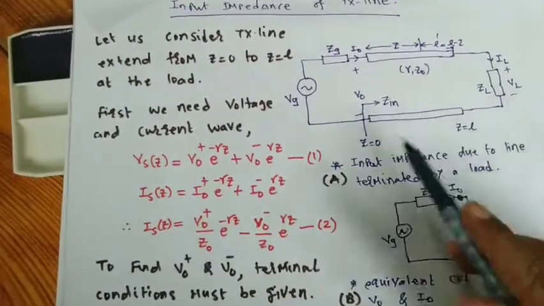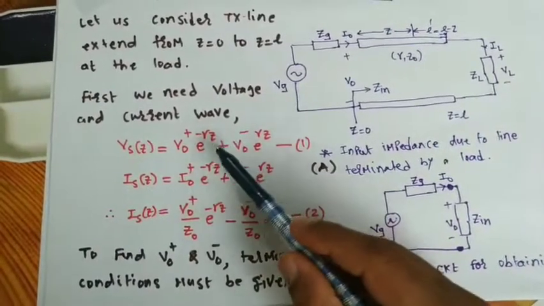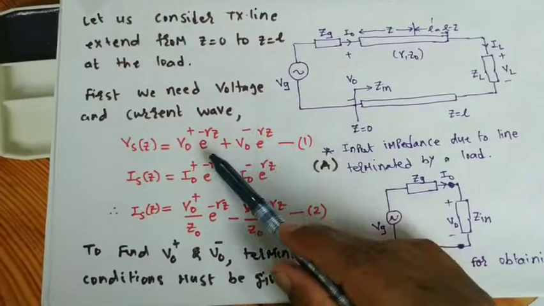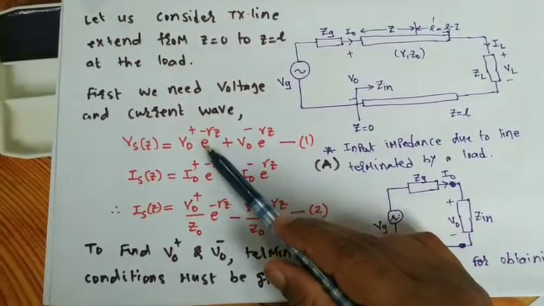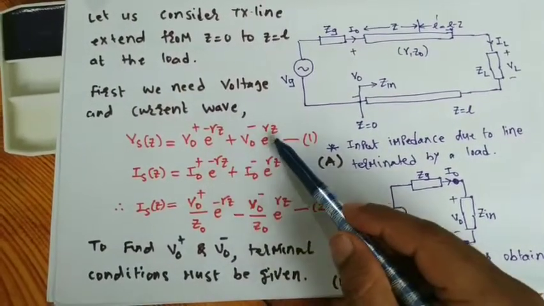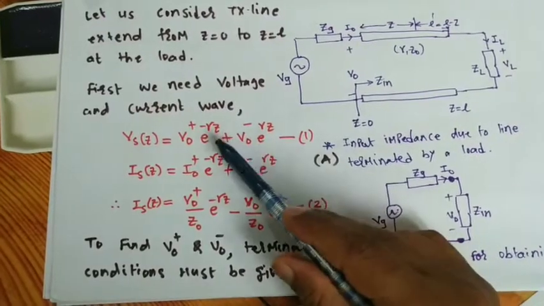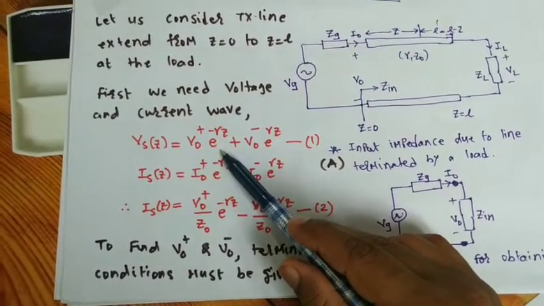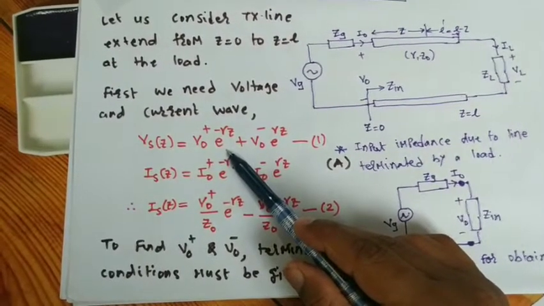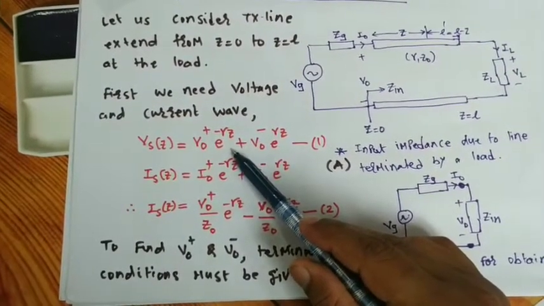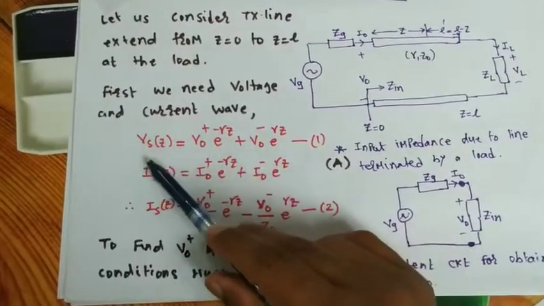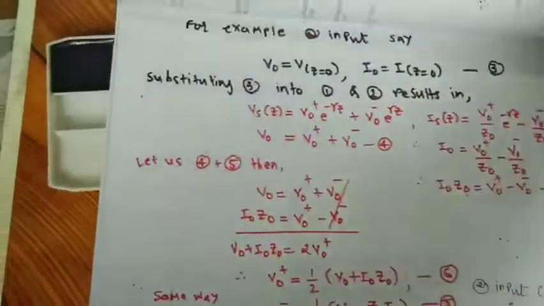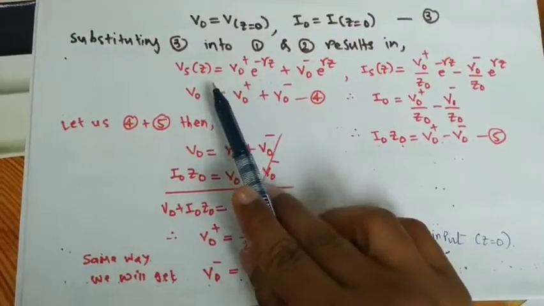Let us put Z equal to 0. The terms e raised to minus gamma z and e raised to plus gamma z will always become 1 at 0. So at Z equal to 0, we have already denoted Vs of Z will become V0. The final equation that we obtain will be like this.